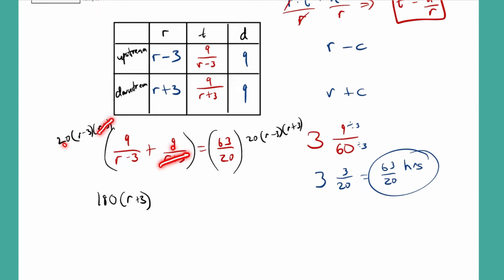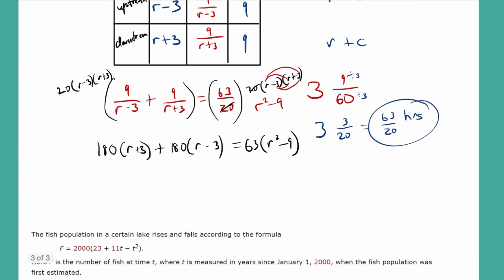We're left with 180 once again times r minus 3. And over here we got these two canceling out. And so now we might as well FOIL this out because we're going to need to do that anyways. That's going to be r squared minus 9. So we have 63 times r squared minus 9.